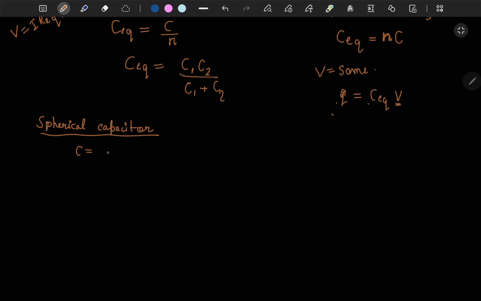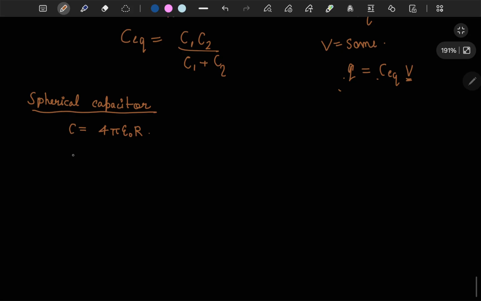Basically you have to only learn the formula of the capacitance of a spherical capacitor and its energy stored. So C is equal to 4 pi epsilon naught R, and U will be Q square upon 8 pi epsilon naught R. So basically U is equal to Q square upon 2C, as we have learned in the previous slide.